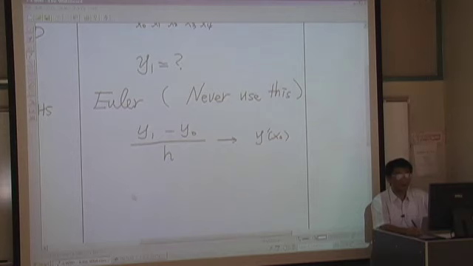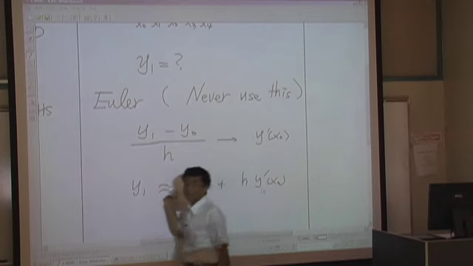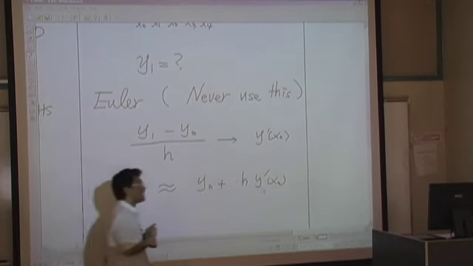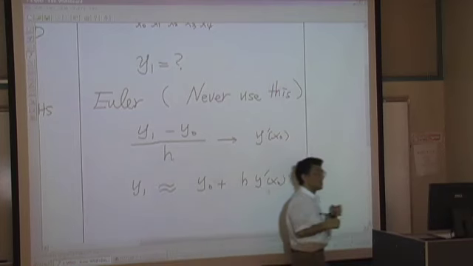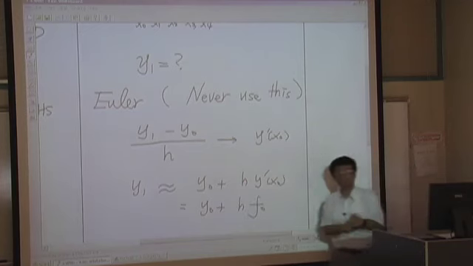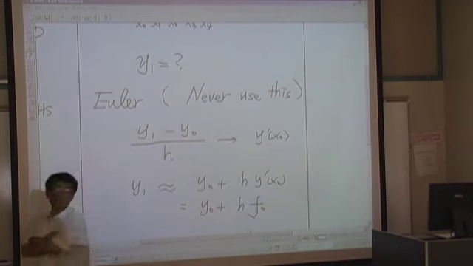What is y1? y1 equals what? y0 plus h times y prime of x0. And because of the right side of the differential equation, can you rewrite y prime of x0? How can you write it? f0, right? So y1 equals y0 plus h times f0 is Euler's method, Euler's idea.